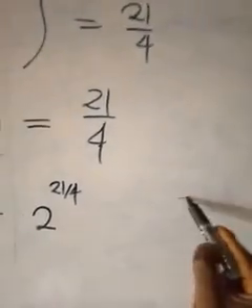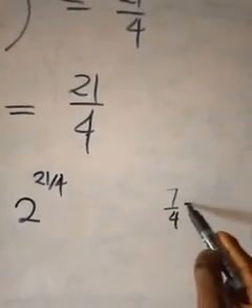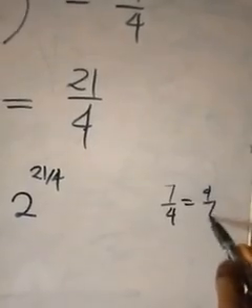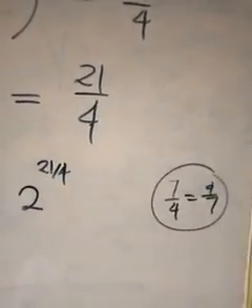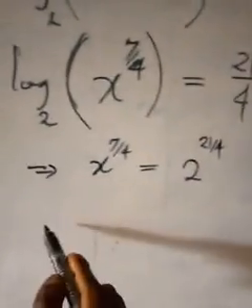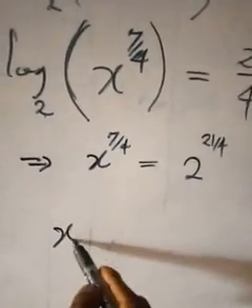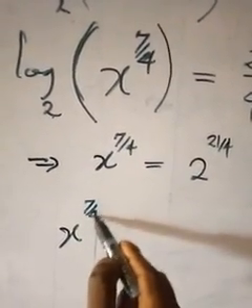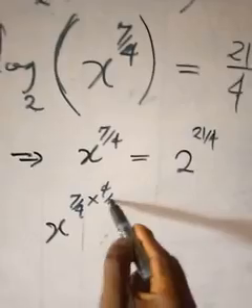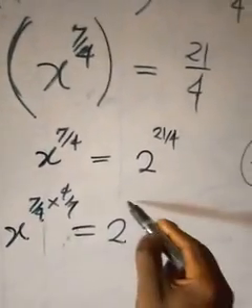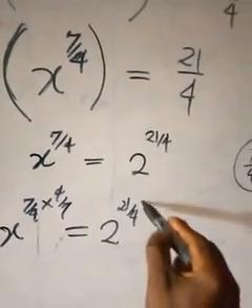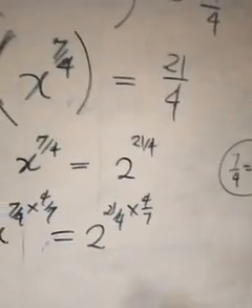The inverse of 7 over 4 is 4 over 7. This is what we are going to use. Then it will now be x raised to the power 7 over 4 times 4 over 7 equals 2 raised to the power 21 over 4 times 4 over 7.